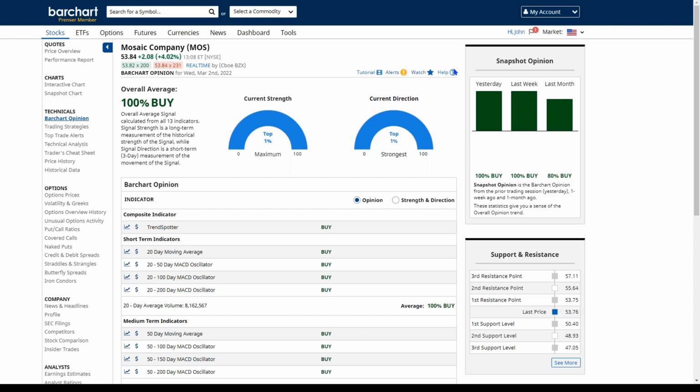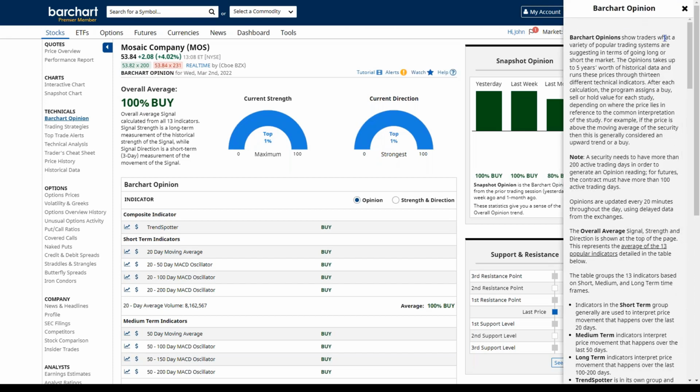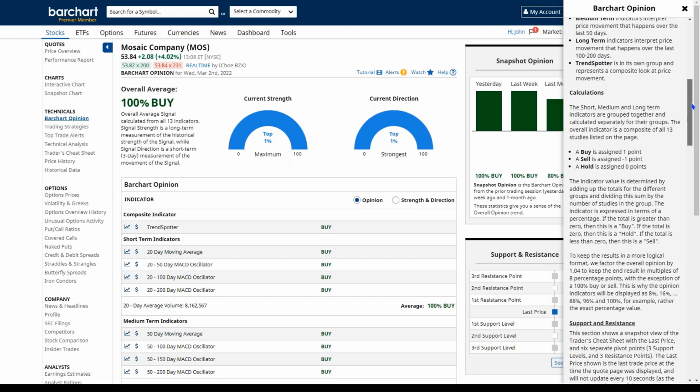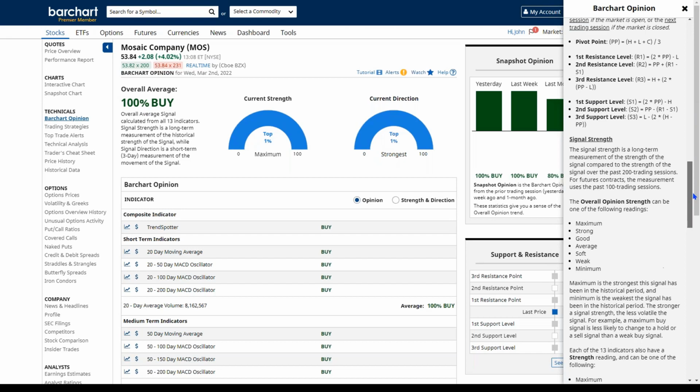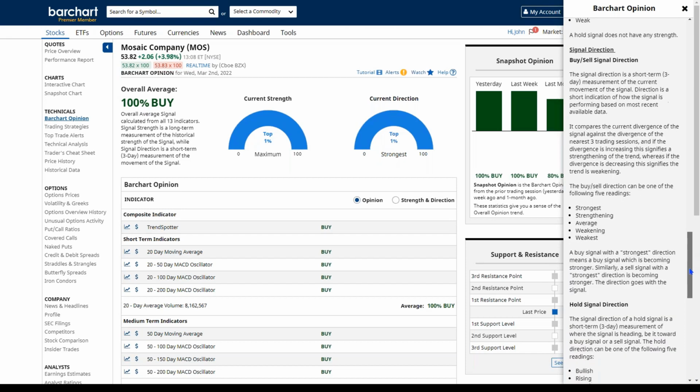Now, if I go into the help section, there's a little bit more detail about how the page is put together. If I scroll down here just a little bit, we can see that the overall strength goes from maximum to minimum, and our signal direction goes from weakest to strongest, or strongest to weakest.